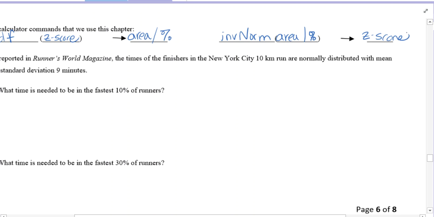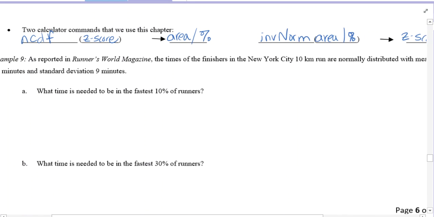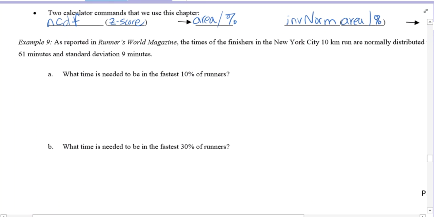Inverse norm does the opposite. It takes the area or the percent and gives out the z-score. So we're going to use that in this example.